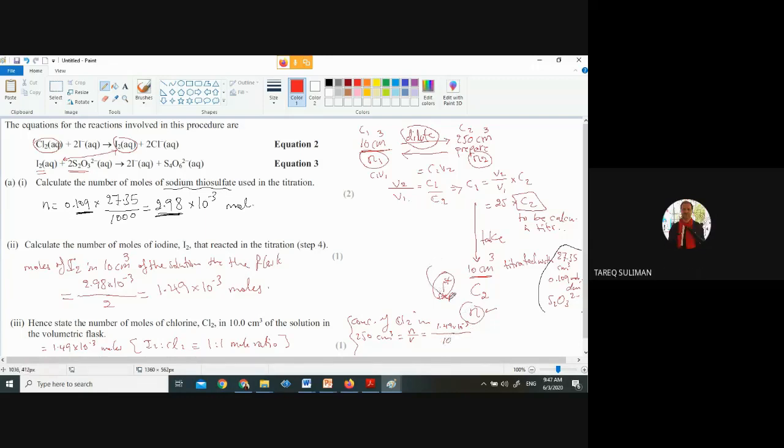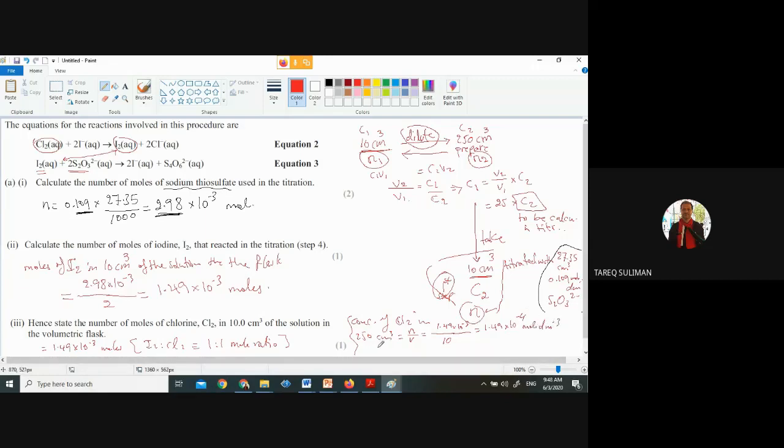Because we are here. Equals to what? To 1.49 times 10 to the power minus 4 mole per decimeter cube.